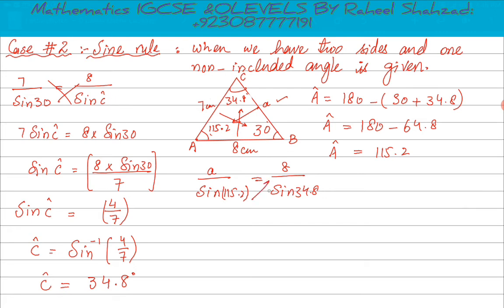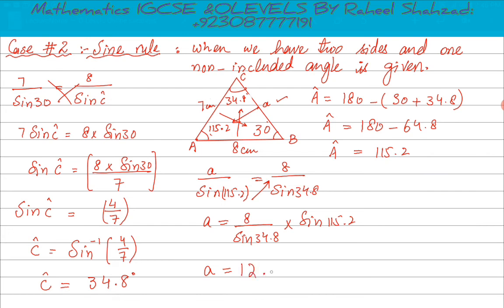You cross multiply it, so A will be equal to 8 divided by sine of 34.8 into sine of 115.2, which becomes 12.68.